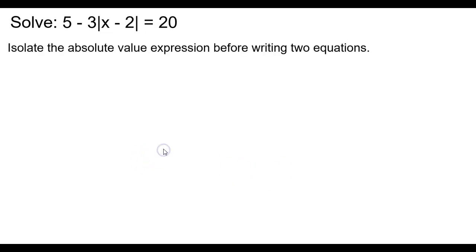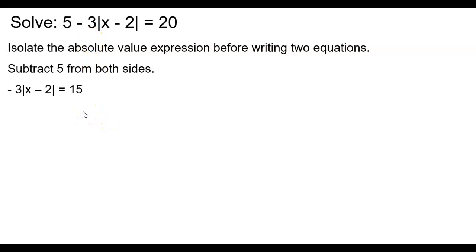Let's do another one. We've got 5 minus 3 times the absolute value of the quantity x minus 2 equals 20. Again, our goal is to isolate the absolute value expression, and then we will write our 2 equations. We don't have like terms to combine this time, so we simply start by subtracting 5 from both sides.